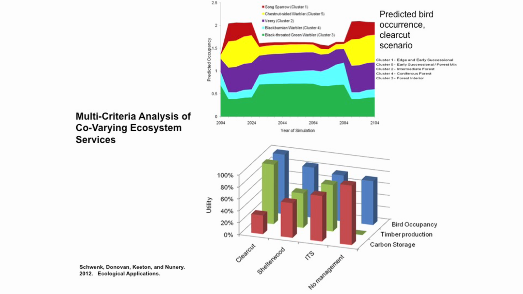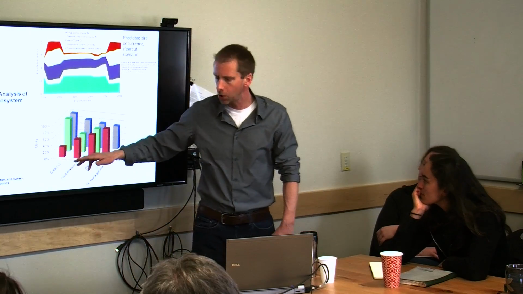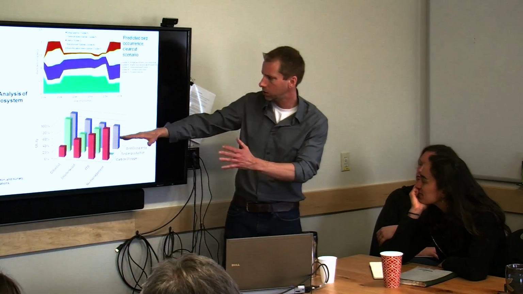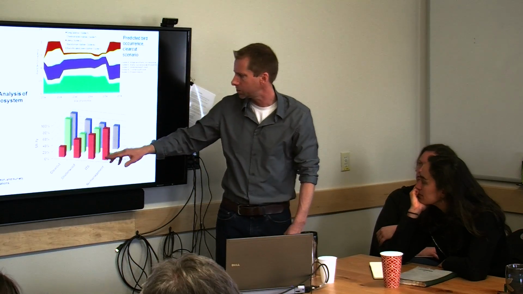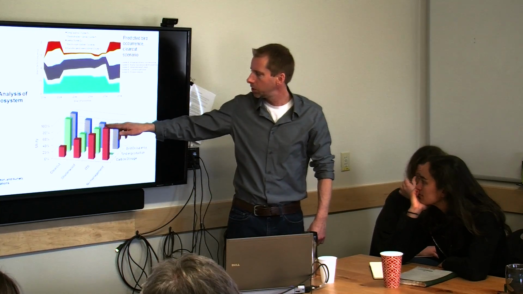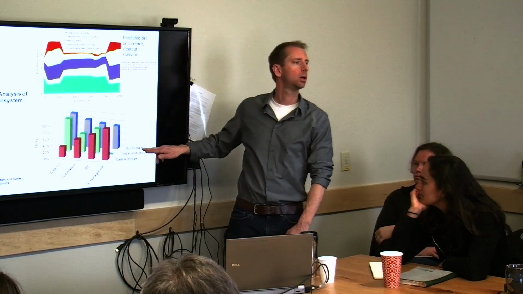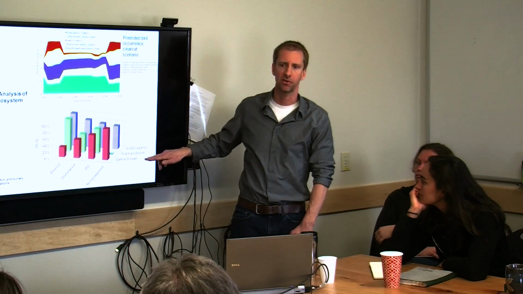And now if we've done that, we can actually look at trade-offs between biodiversity, in this case using birds, timber, in terms of simulated timber harvest and revenue, and then carbon, just like we did in that previous study. And then using a multi-criteria analysis, you can rank these different scenarios based on their relative utility at providing multiple objectives or multiple benefits.